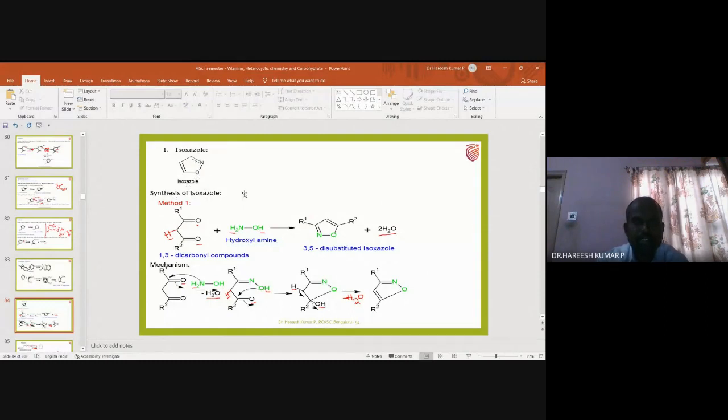Isoxazole can be synthesized starting with a carbonyl compound. This is 1, this is 2, this is 3, so these are 1,3-dicarbonyl compounds. When a 1,3-dicarbonyl compound is treated with hydroxylamine, it undergoes reaction with removal of water, giving rise to isoxazole.